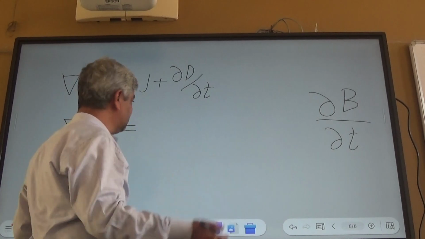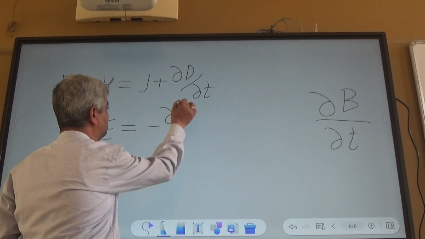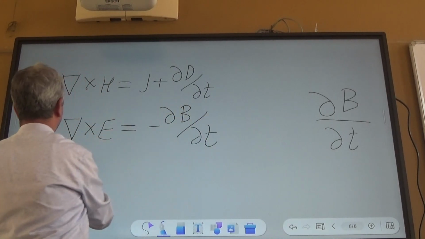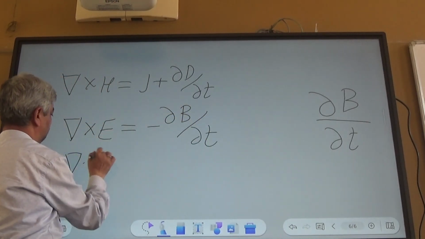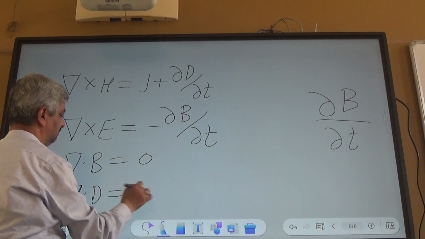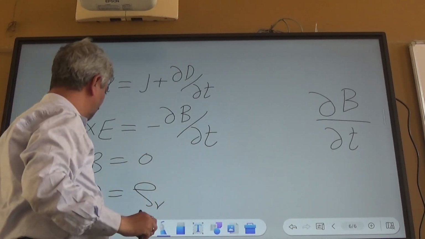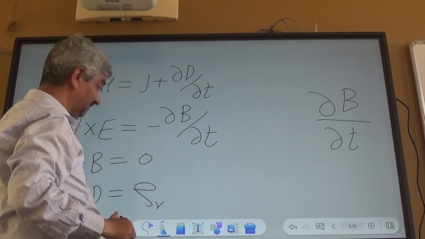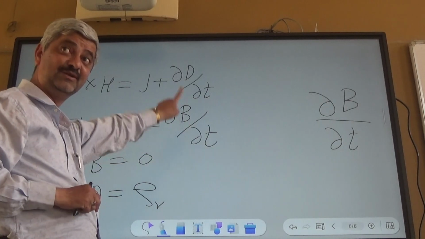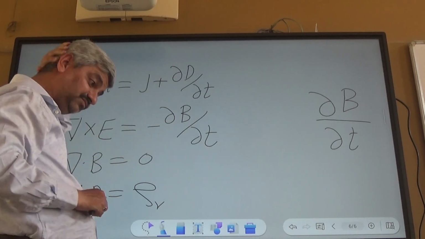I will complete this. So this is minus, why minus? Because of Lenz's law. So del dot D equal to rho v, del dot B equal to 0, del cross H equal to J plus dD by dt, and del cross E is equal to minus dB by dt. These are the 4 Maxwell's equations.